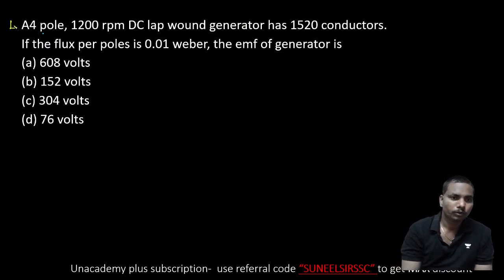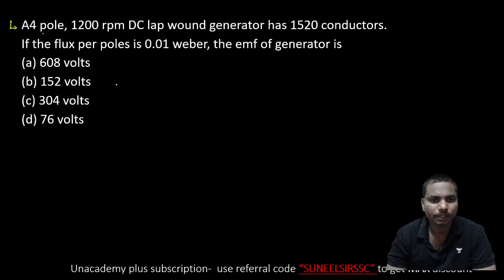A 4-pole 1200 RPM DC lap wound DC generator has 1520 conductors. If the flux per pole is 0.01 Weber, find the EMF of the generator.